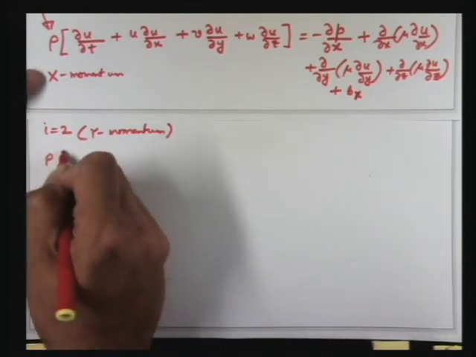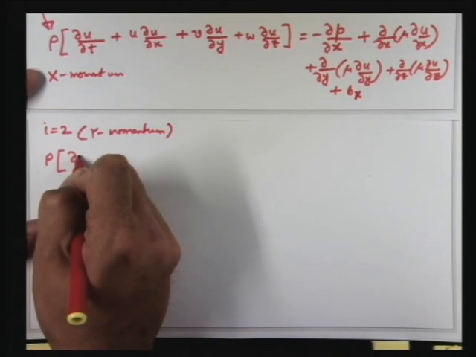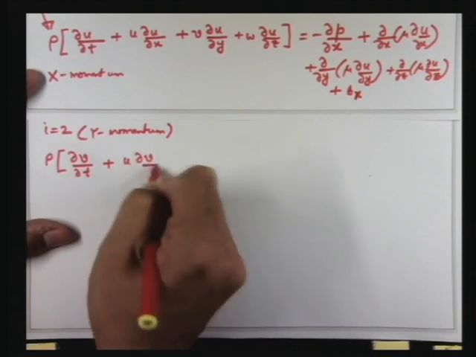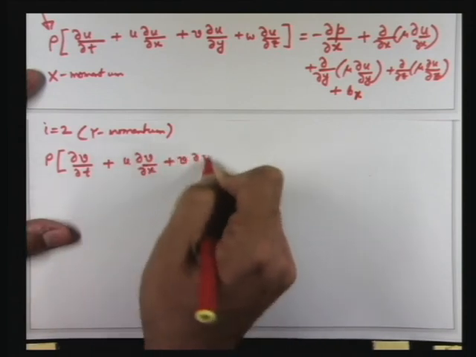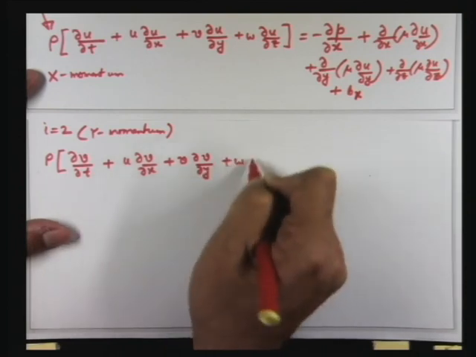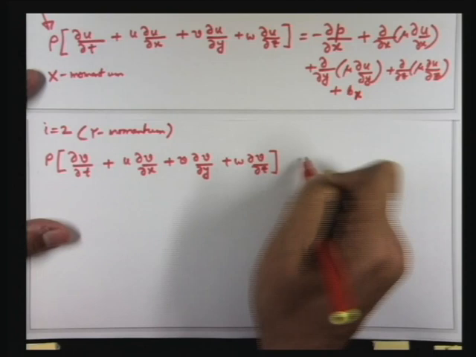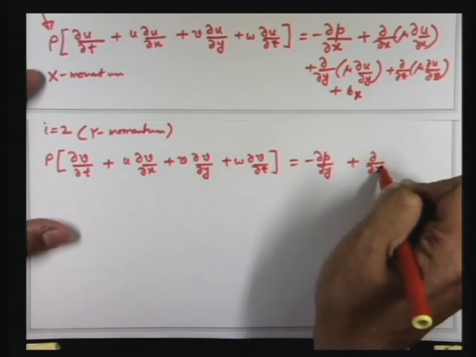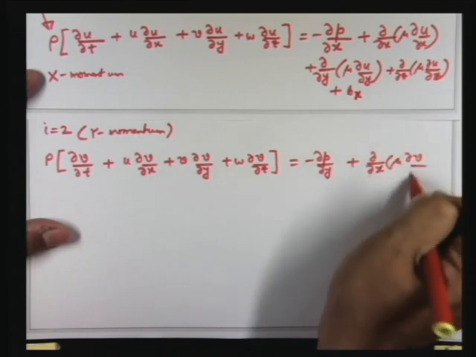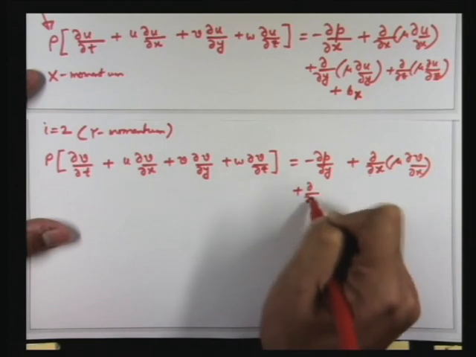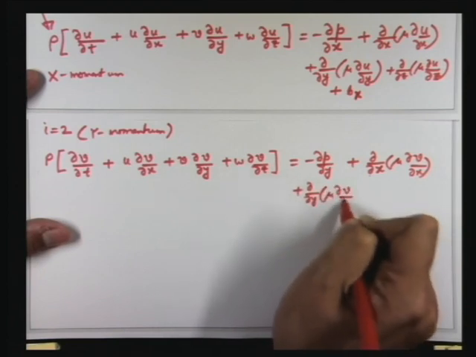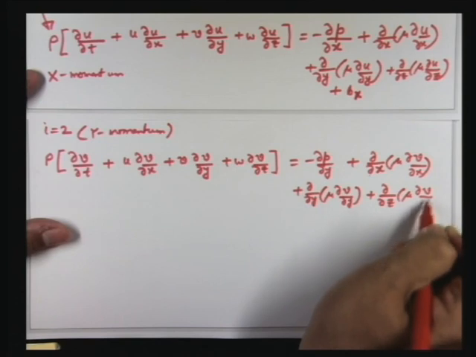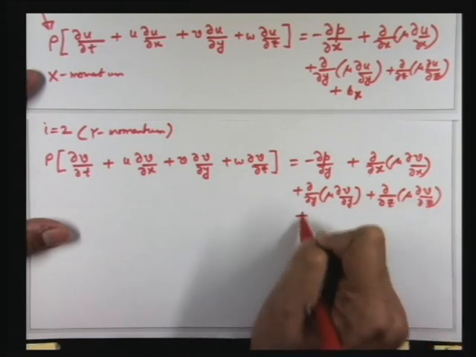So rho del v del t plus u del v del x plus v del v del y plus w del v del z is equal to minus del p del y plus del del x of mu del v del x plus del del y of mu del v del y plus del del z of mu del v del z plus by.